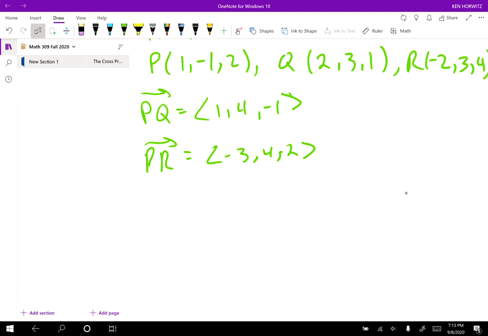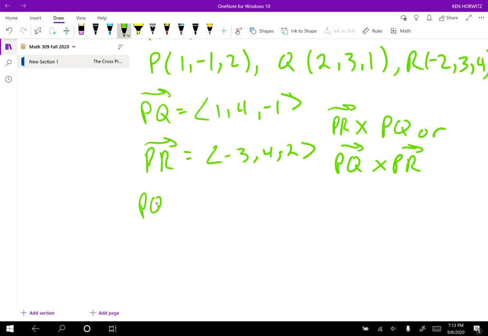These are adjacent sides, so we need PR cross PQ or PQ cross PR. It doesn't matter which one. I'm going to do PQ cross PR. You could have done it either way.